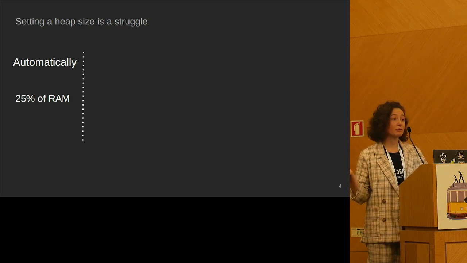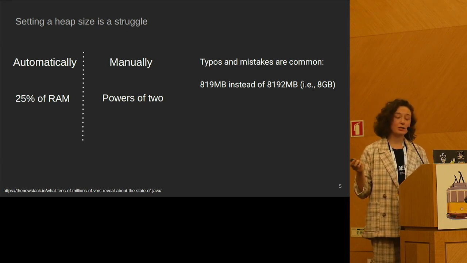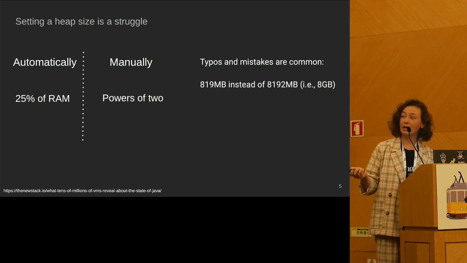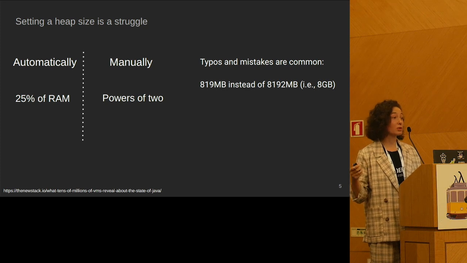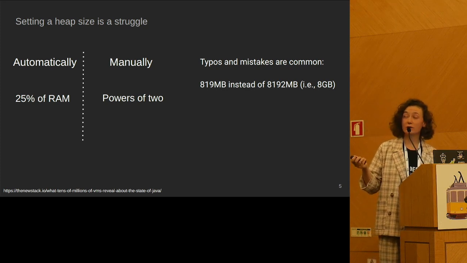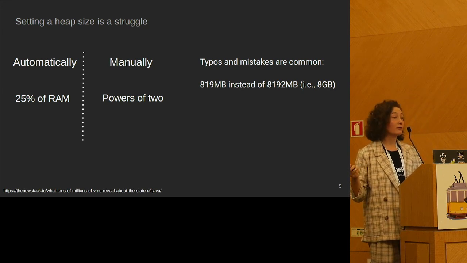And your alternative is to set up the memory heap size manually. So this little study looked into different GitHub repositories to see what method people use the most when they set up a heap size, and it turns out that they go with the powers of 2. What they also found is that it's very common for people to make mistakes.